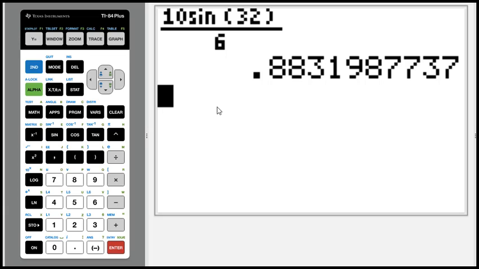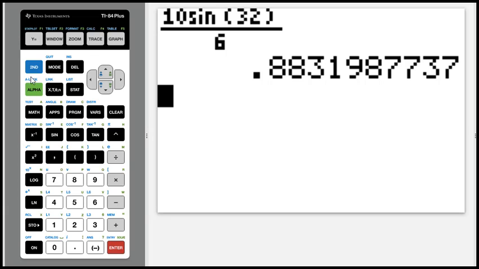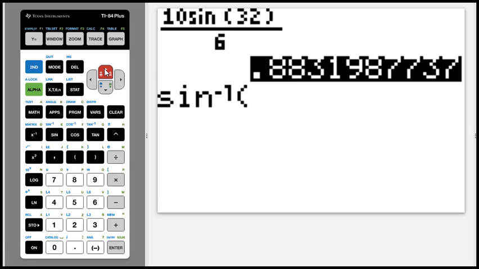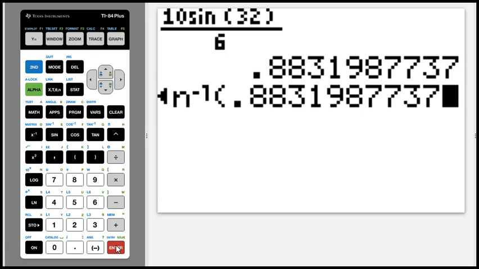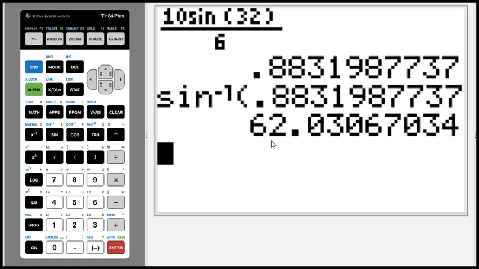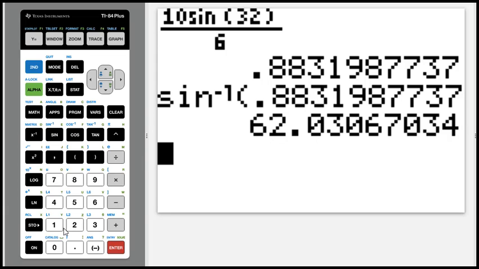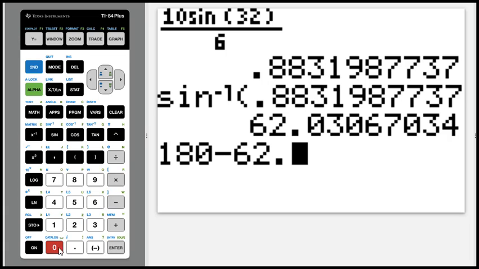For the angle C, we will use a second sine, then drop down, enter. This will be acute angle C1. We will use 62.0 for the three significant figures. Then you can get the C2 using 180 minus 62.0.